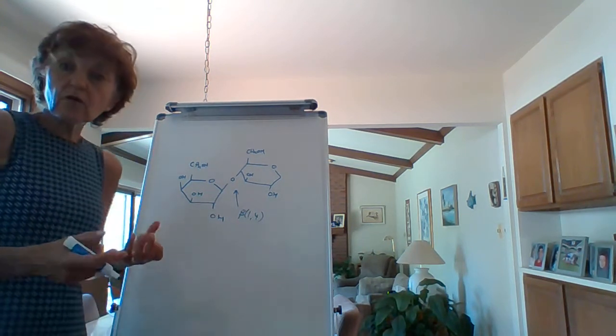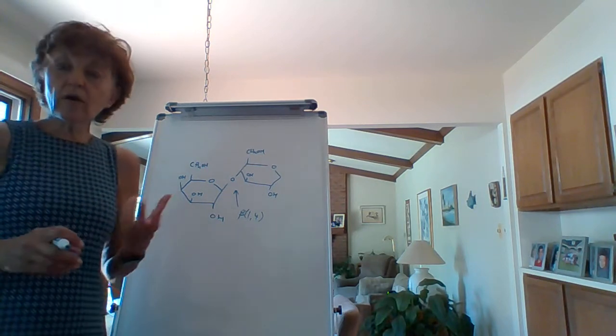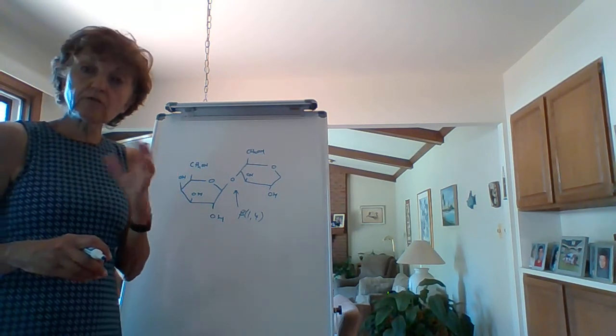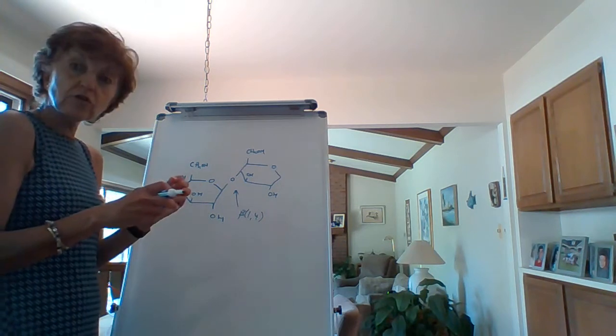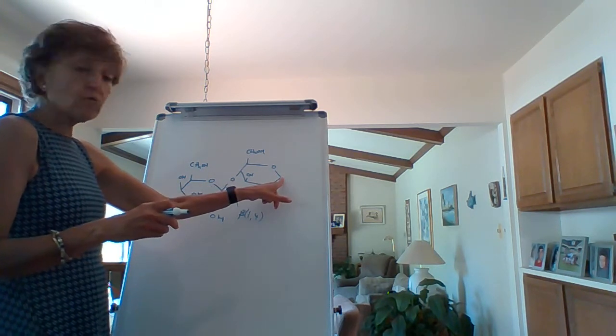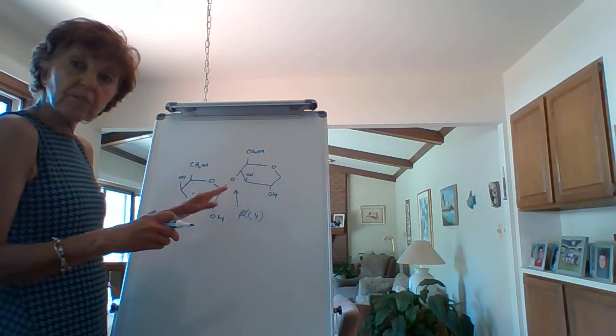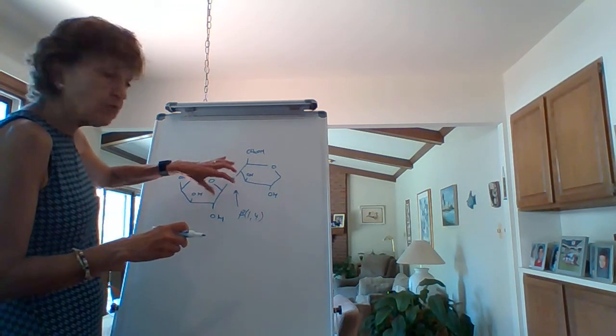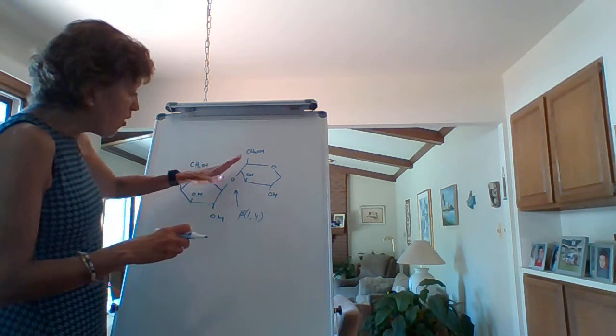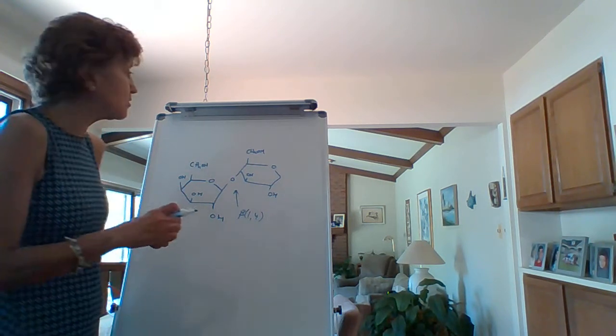Now, lactose, we can decide, do we want our lactose to be alpha lactose or beta lactose? What will determine that? Carbon 1 right over here, the one that is still the hemiacetal, that is not hooked up in the glycosidic bond. This is rigid. We're not touching this. This is always beta 1,4 in lactose.